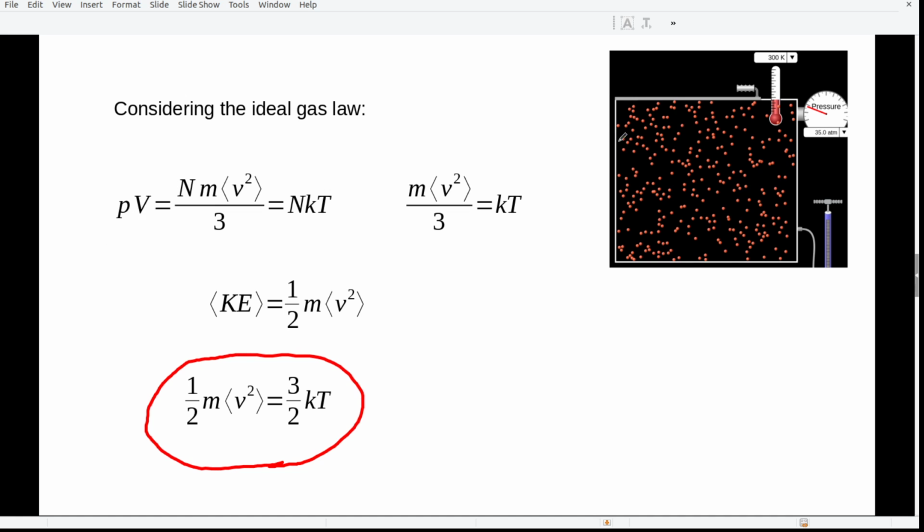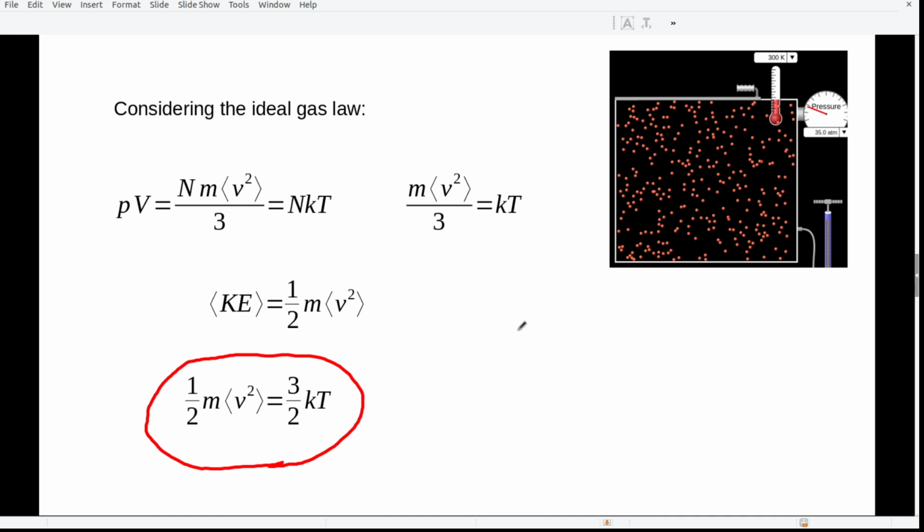We started by considering the pressure exerted by the combined particles bouncing around inside the chamber. But at the end of it all, using the ideal gas relationship, we got the temperature in terms of kinetic energy.